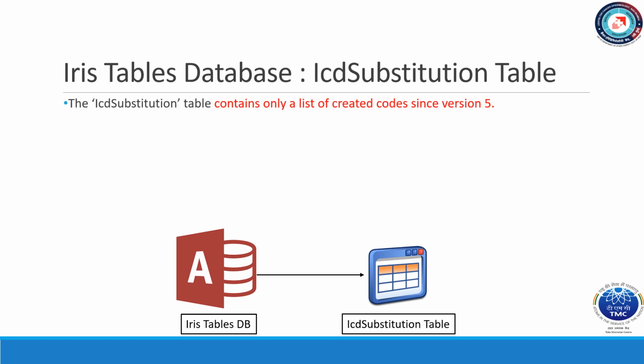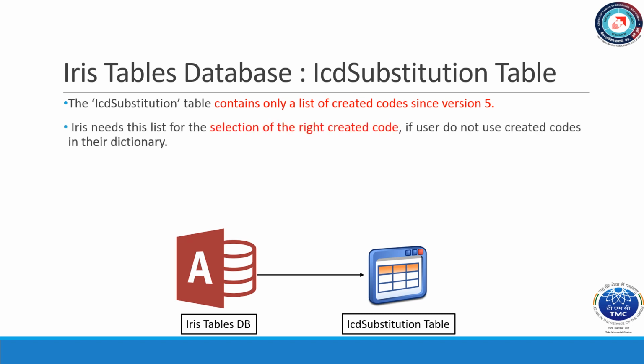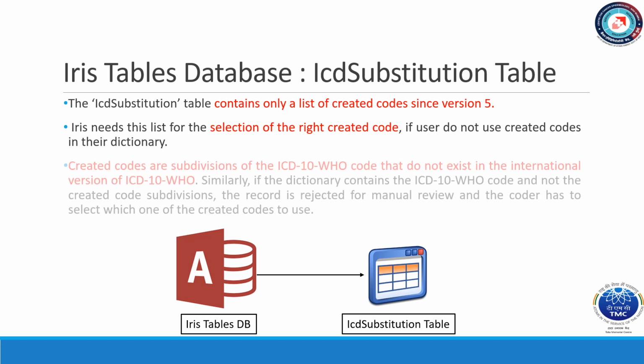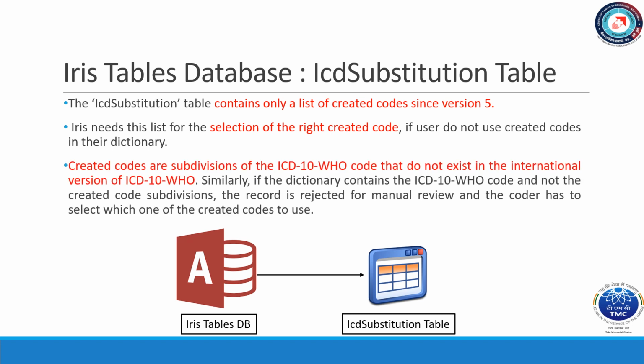It contains only a list of created codes since version 5. IRIS needs this list for selection of right created code if user do not use created codes in the dictionary. Created codes are subdivision of the ICD-10 WHO code that do not exist in the international version of ICD-10 WHO.